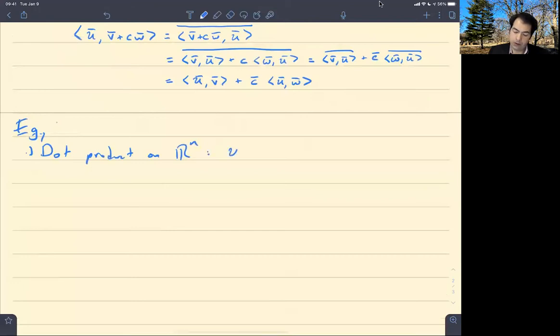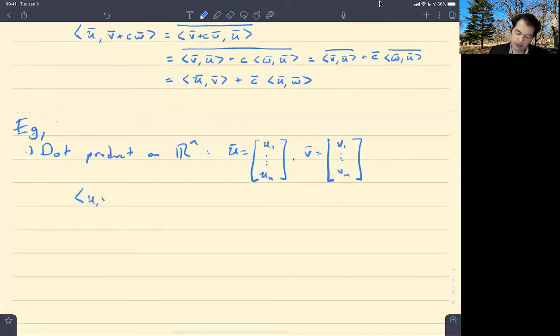So if u is the vector with entries u1 through un, v is the vector with entries v1 through vn, then the inner product of u and v, which is usually denoted u dot v, is equal to the sum, j goes from 1 to n, of uj times vj, right? And in vector notation, we can write that as u transpose times v, right?